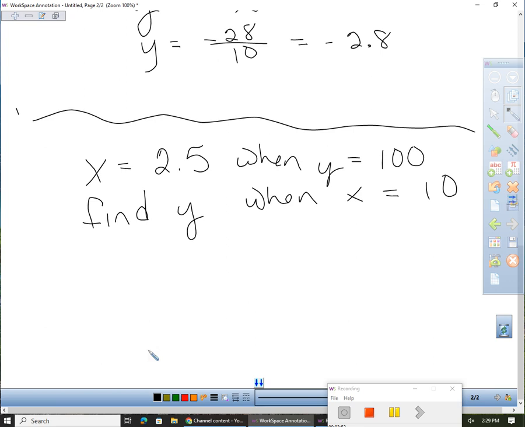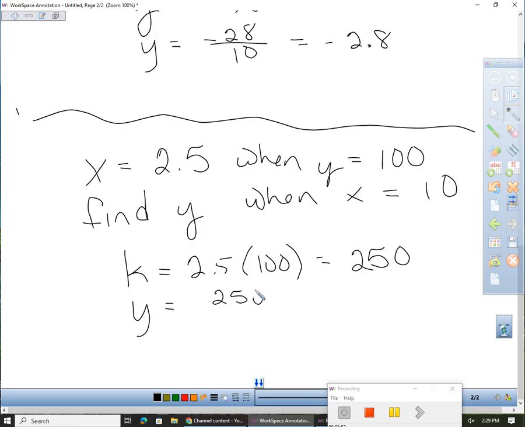So the first step is we find k. x times y, 2.5 times 100 is 250. Okay, so then we write our equation. Y equals 250 over x. So now we plug in 10. Y equals 250 over 10. You get 25.